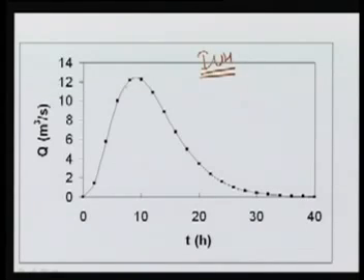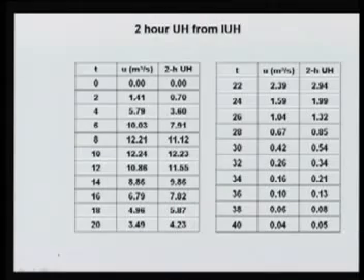And as we have already seen, this IUH can be used to obtain the DRH because of rainfall of varying intensity by using the convolution theorem. So here we would look at some uses of this IUH.